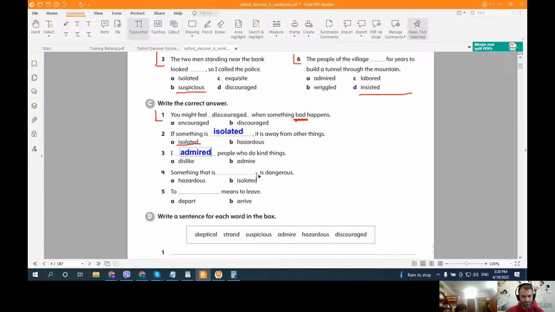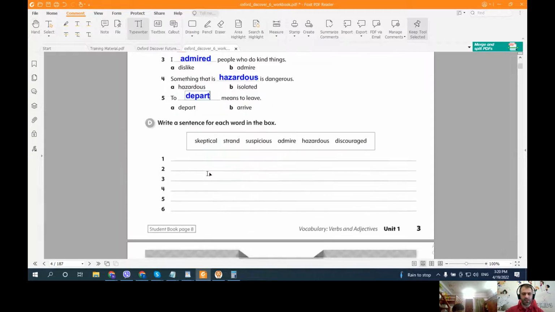Do something easy. Okay. Number 4. Something that is hazardous is dangerous. Okay, and number 5. To depart means to leave. Okay, very nice. Now write a sentence for each word in the box.